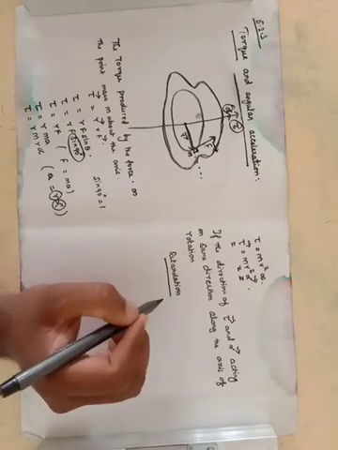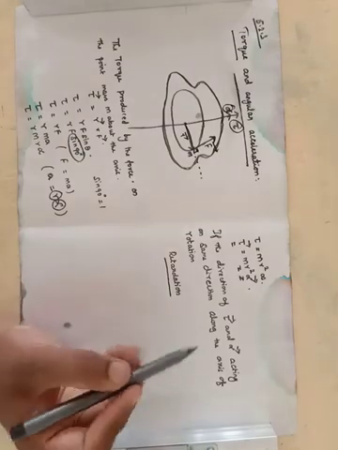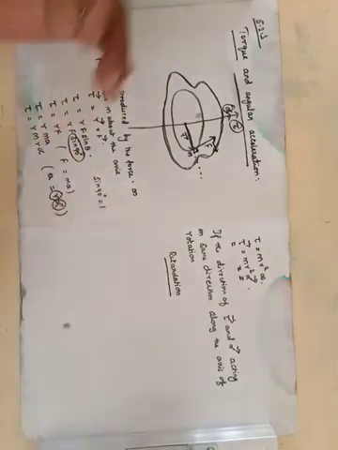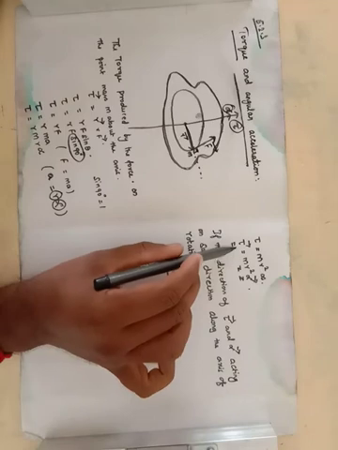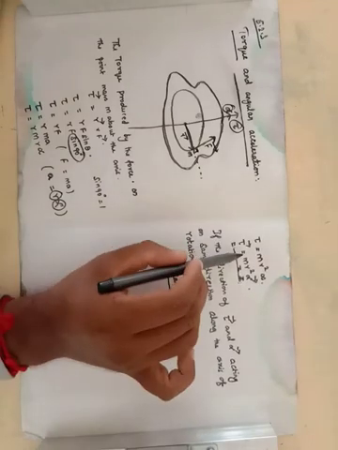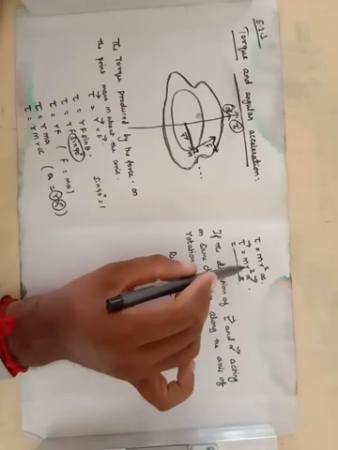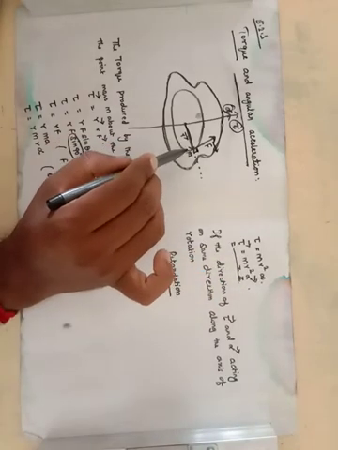Retardation means a negative acceleration. In this equation, tau vector is equal to m r square into alpha vector, we have calculated the torque for the point mass m.